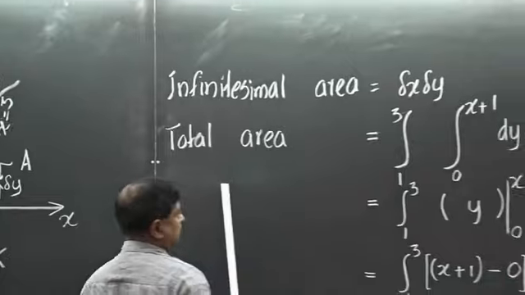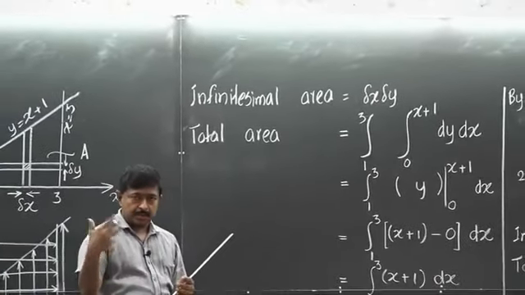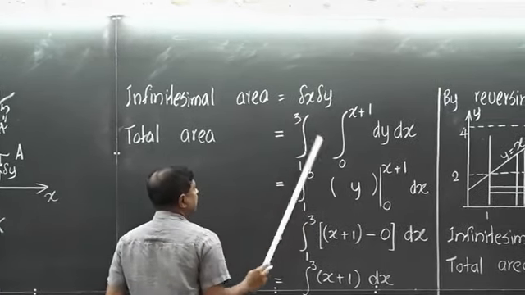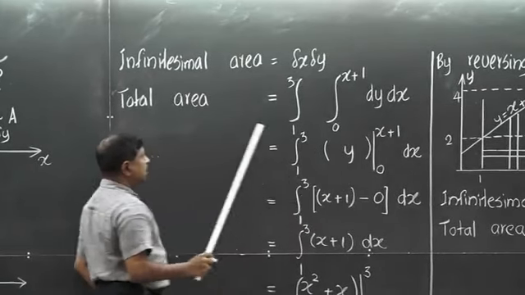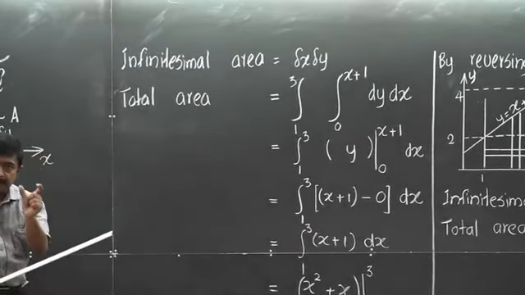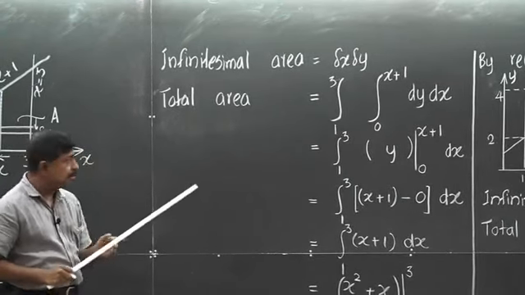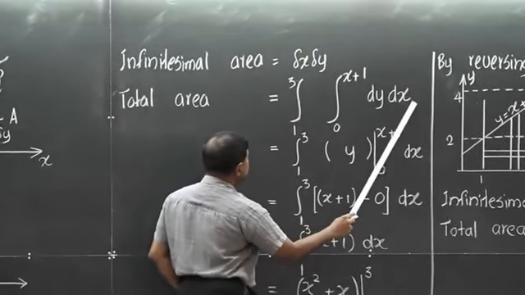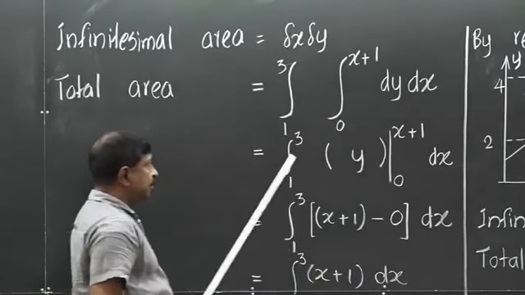Now, the total area can be obtained by the double integral. When delta x and delta y go to 0, you will end up with dx dy, but for the sake of simplicity, I will explain why I do it later. I will swap these two. I will first write dy and then I write dx.